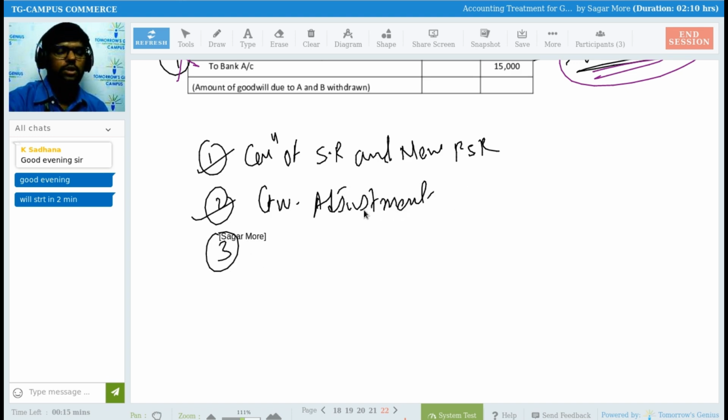From the third session onwards, we are going to start new concepts: how to prepare the revaluation account, how to prepare the capital account of the partner, how to pass necessary journal entries at the time of goodwill, and how to prepare the balance sheet after the admission of a partner. Those concepts will be in the upcoming sessions.